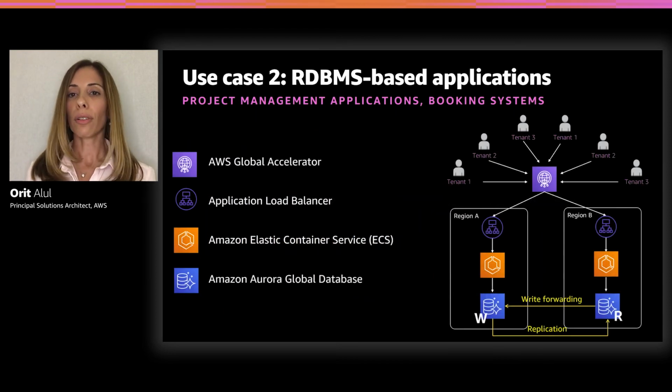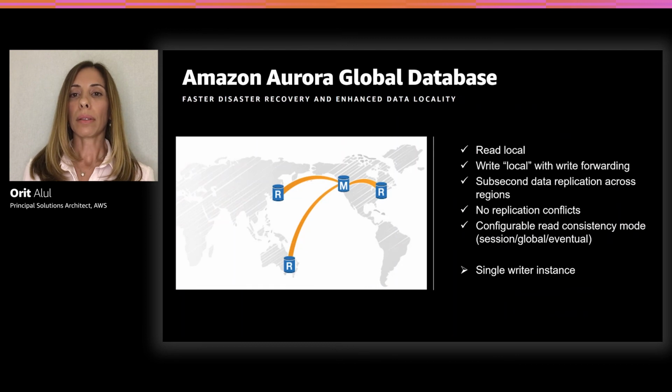This time, for the sake of diversity, I chose Amazon Elastic Container Service, or ECS, but as I mentioned before, we can use Amazon EKS or AWS Fargate or AWS Lambda or even EC2 instances. But for the database, instead of Amazon DynamoDB Global Tables, we'll use Amazon Aurora Global Database.